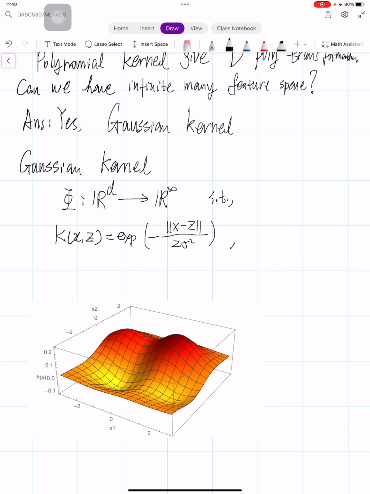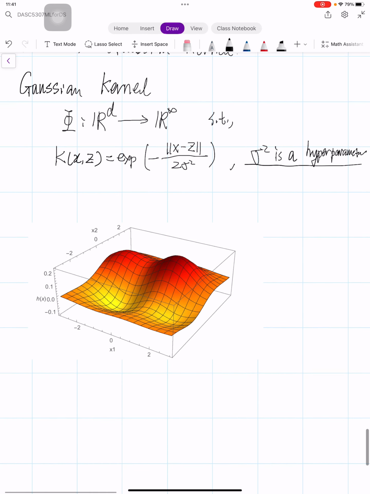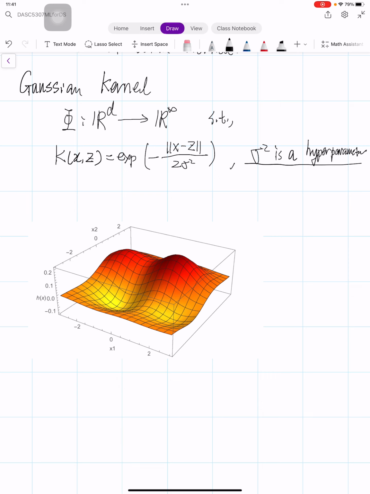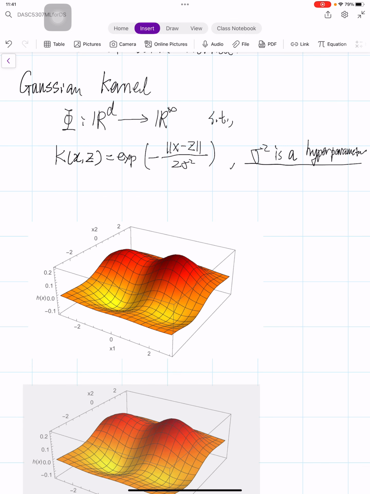So this sigma square is the hyperparameter you can tune.